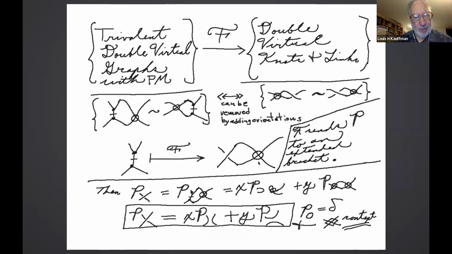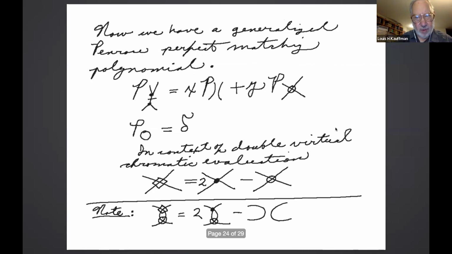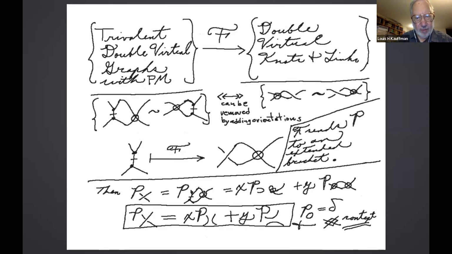Because if I put in the crossover, then the crossover in this formula will have another crossover on it, and you'll get a smoothing of the usual kind. And you will find that over in the knot theory, the expansion of a crossing will be x times one smoothing plus y times the other, a bracket polynomial.